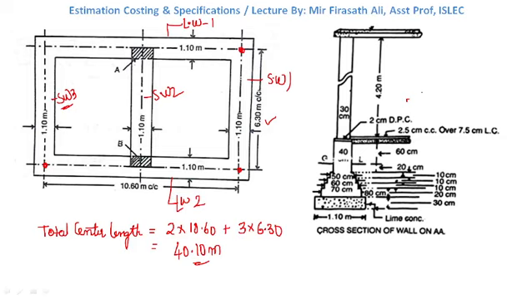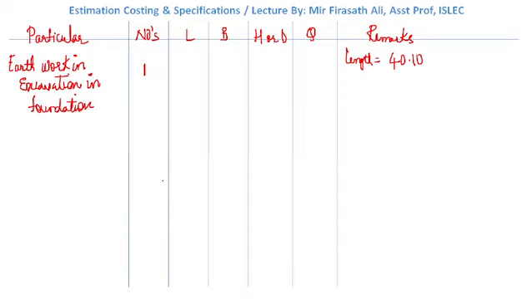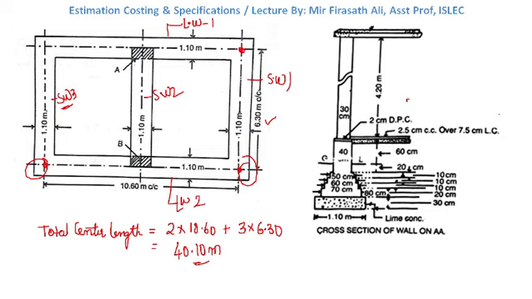Now, look at over here. This portion is remaining. What we need to deduct? We need to deduct this much portion on 2 sides. So, it is nothing but 40.10 minus 2 into 1 by 2 of breadth. Which breadth are we talking about? The breadth of excavation. What is the breadth of excavation?